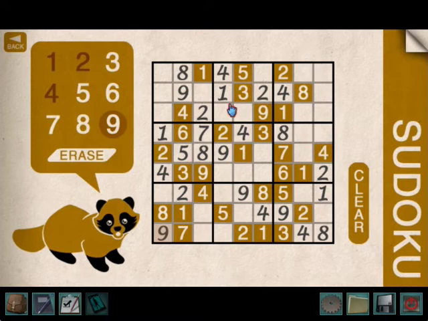Okay, these two I'm not sure about yet, so let's go back to 3s. Okay, the 3 has to be here for this box and here on this box. Because I can't put it there, so I'll have to put it there. I'll have to put it there because this is occupying this row.